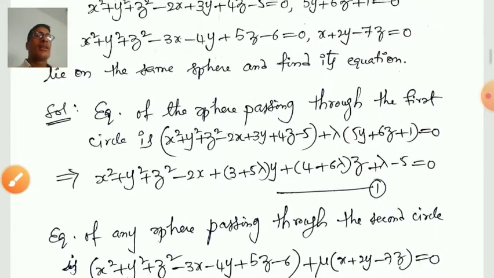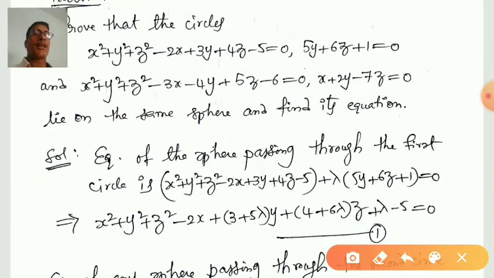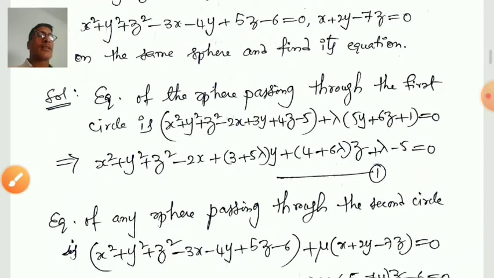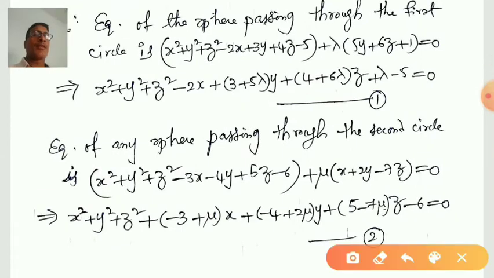Similarly, equation of the sphere passing through this circle can be written as x² + y² + z² - 3x - 4y + 5z - 6 + mu into (x + 2y - 7z) = 0. That is written here. Equation of any sphere passing through the second circle is like this.